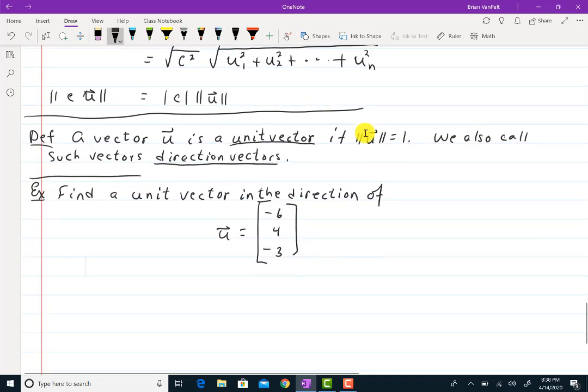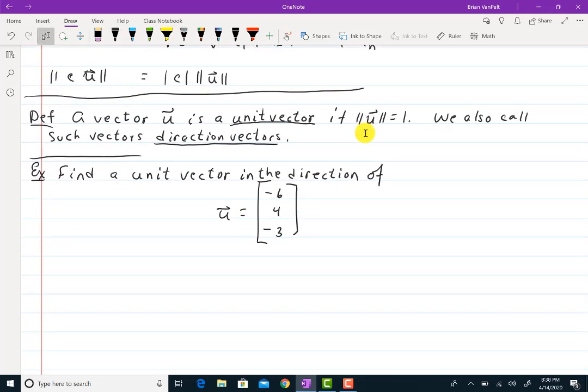Right now we have a vector, but it's not going to be a unit vector. What I'm going to do is first find its length. So accordingly, I'm going to take -6 squared plus 4 squared plus -3 squared. Inside of there, I'm going to get 36 plus 16 is 52 plus 9 is 61. So the length of this vector is the square root of 61.